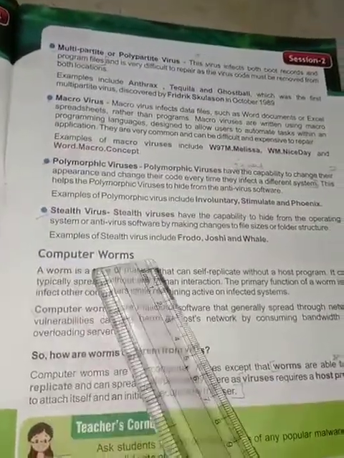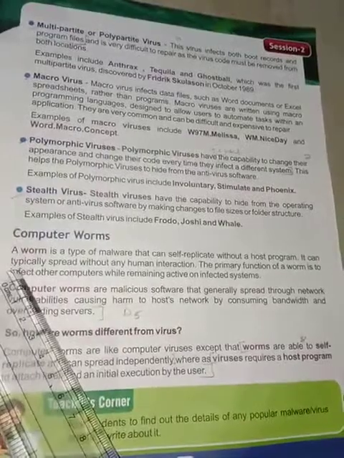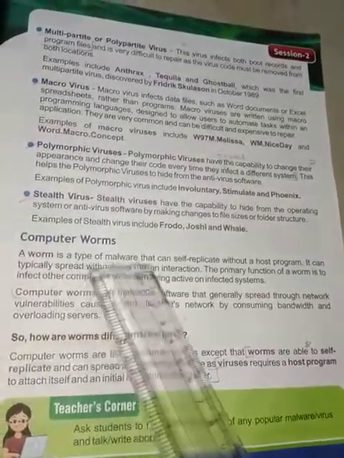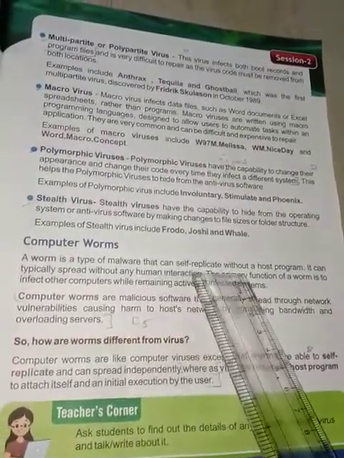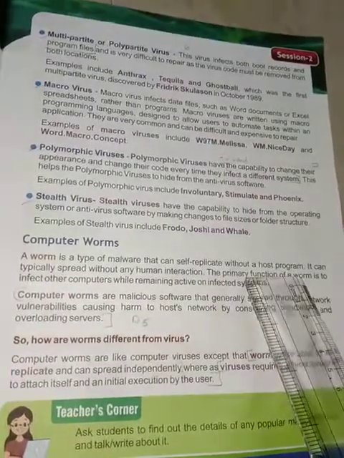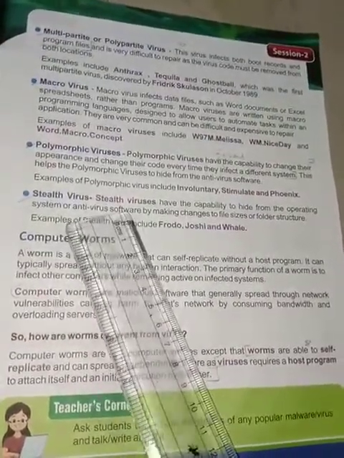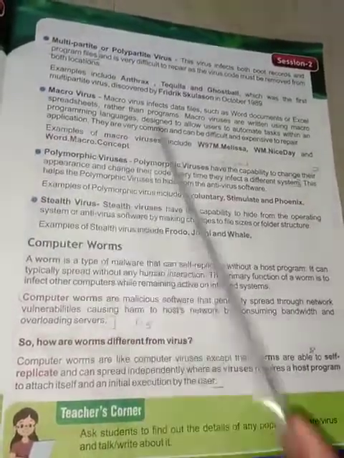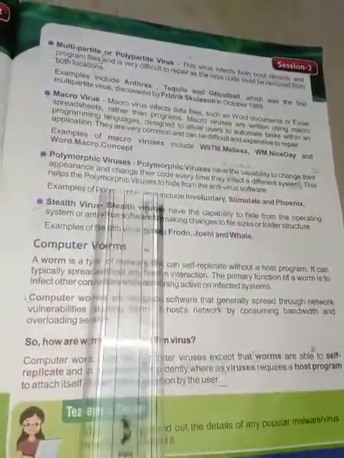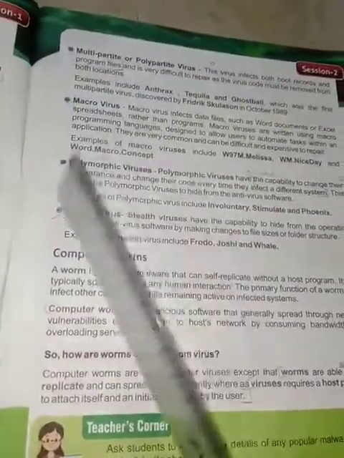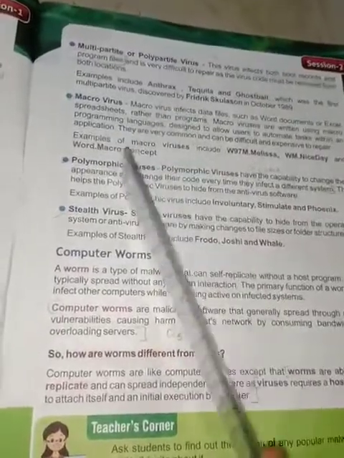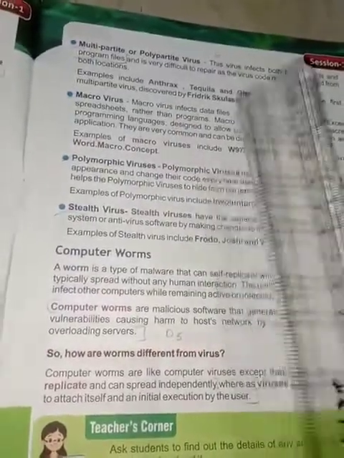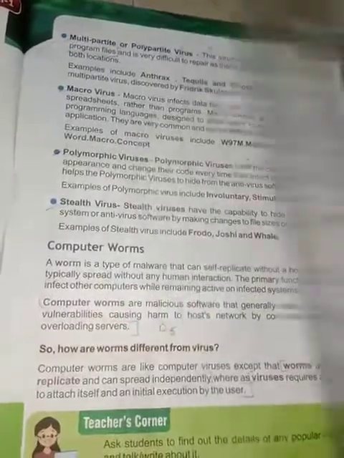Next, computer worms. A worm is a type of malware that can self-replicate without a host program. Self-replicate means it can duplicate itself without any host program, without any infected program.